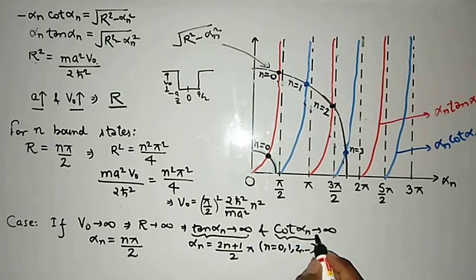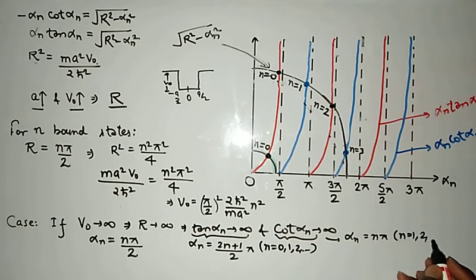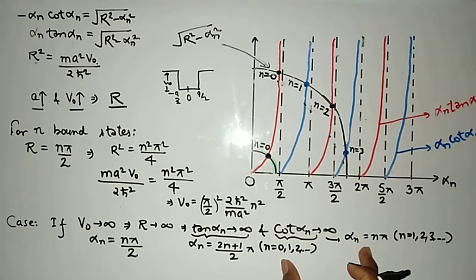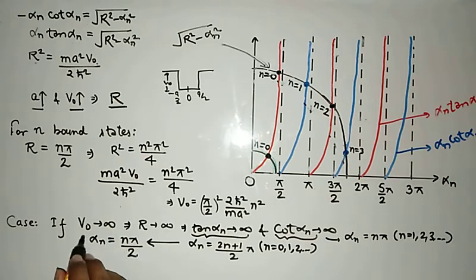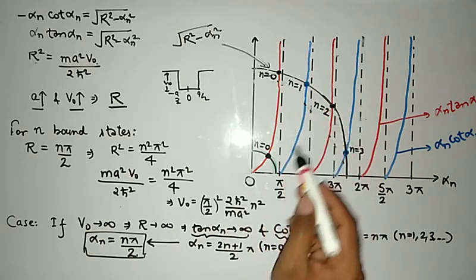And for this we have the value of alpha n as n pi, where n is 1, 2, 3 and so on. So on combining these we get this alpha n. So we get asymptotes here, we can see in the graph.